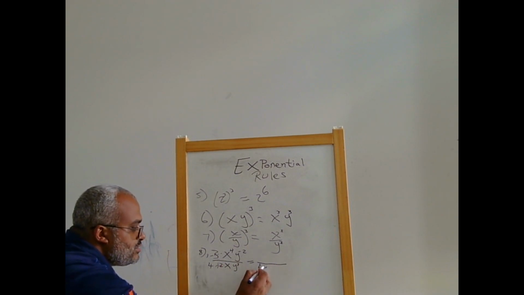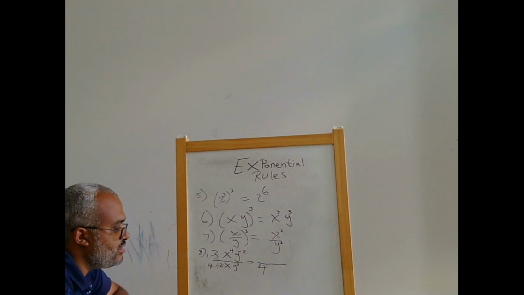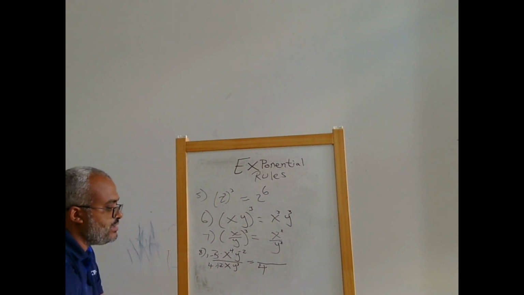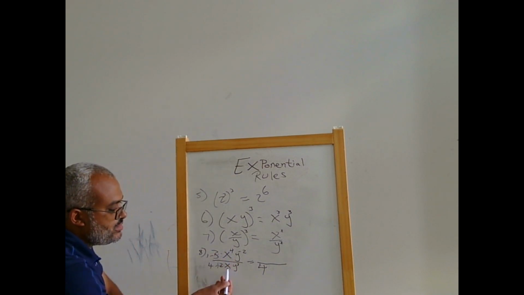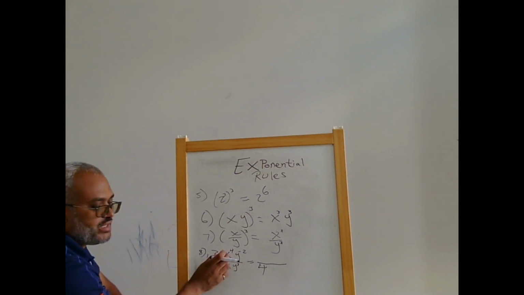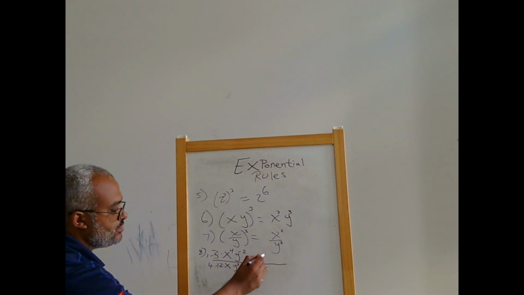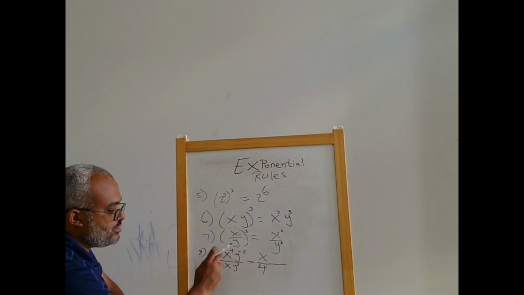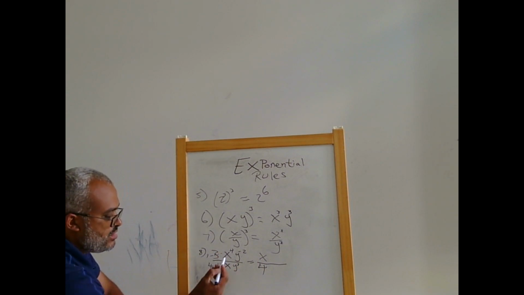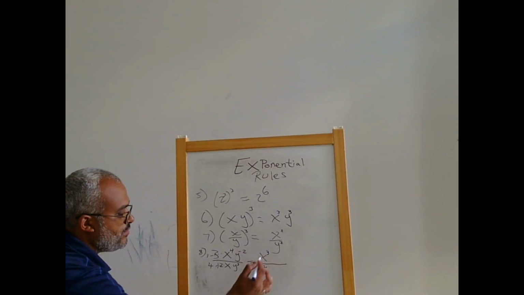Now this is division, so take each base by itself. Let's do x. Which exponent is higher, 4 or 1? The 4. Where is the 4 located? On the top, in the numerator, so it will be x. When we do division, what do we do with the exponent? We subtract. So 4 minus 1 would be 3.